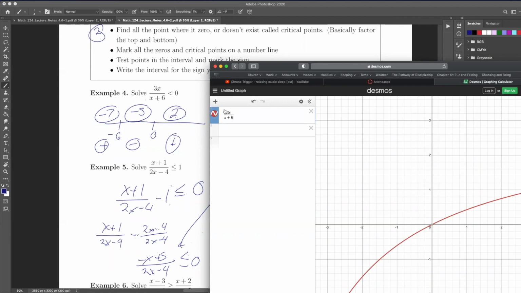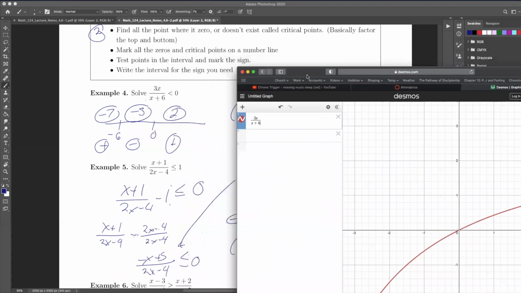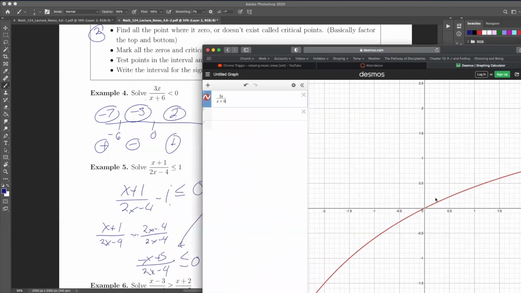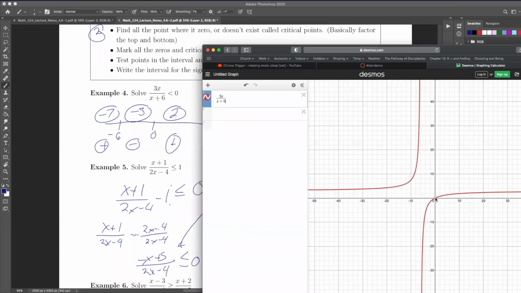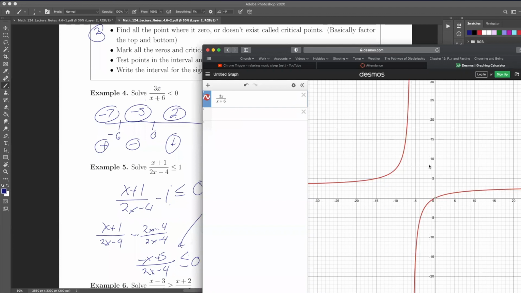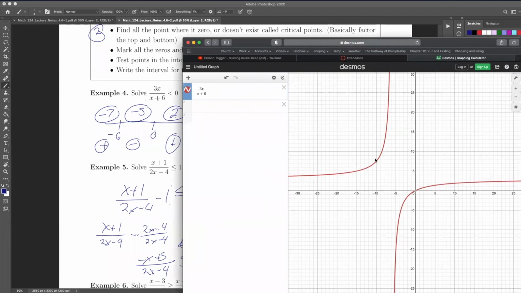All right, so here's our equation. I'll have to zoom out. Ta-da! Look at this happy fun little thing, right? And so here, notice it's always positive up until I reach a critical point. Where's this critical point? The critical point is at negative 6, right? Because the negative 6 zeroes us out.